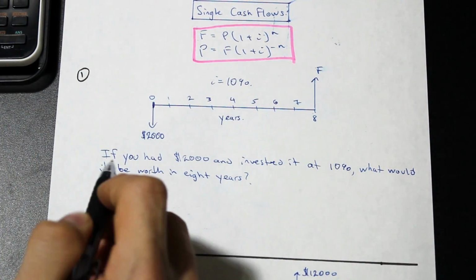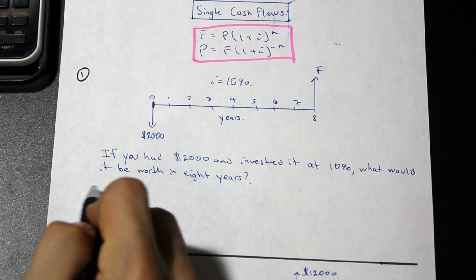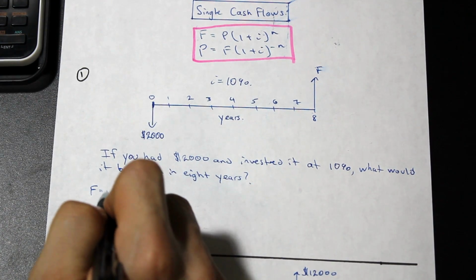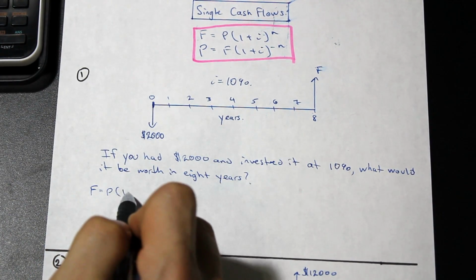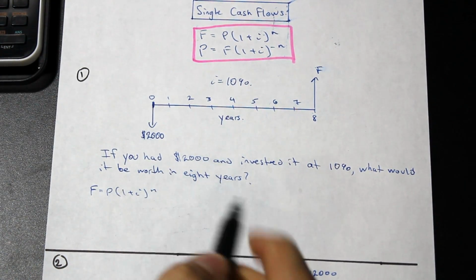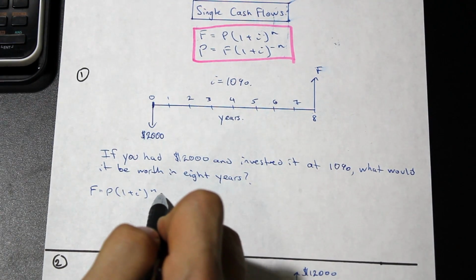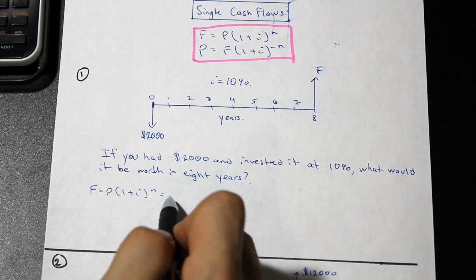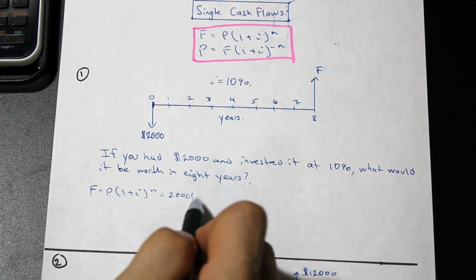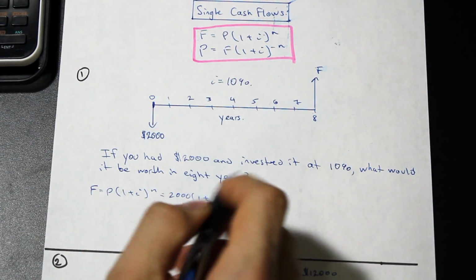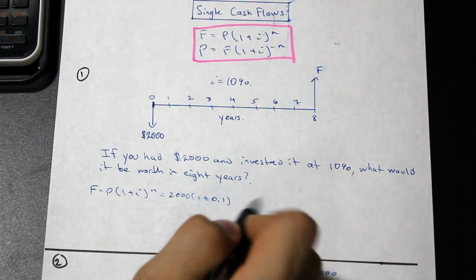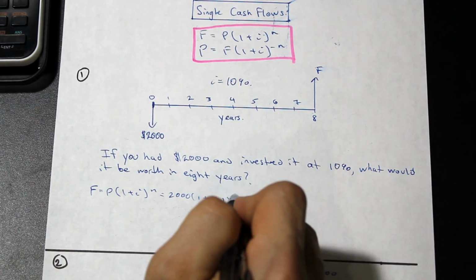So let's just use this formula, and this is very basic math. F equals P times (1 plus i) to the n. Let's fill that in. Our present value P is 2,000. And we have 1 plus i. What is our i? It's 0.1. n is 8, we have 8 years.